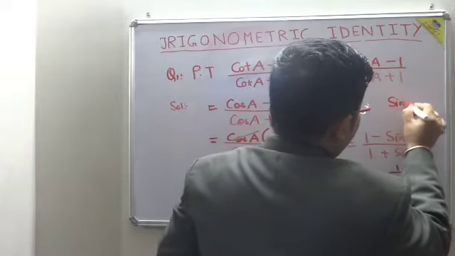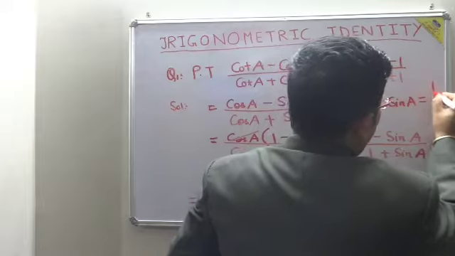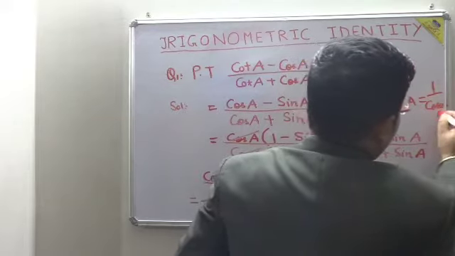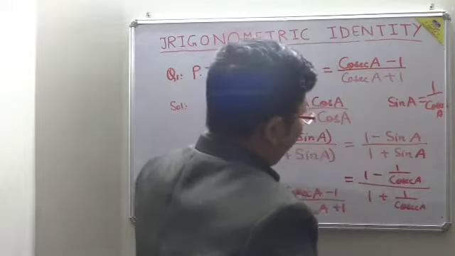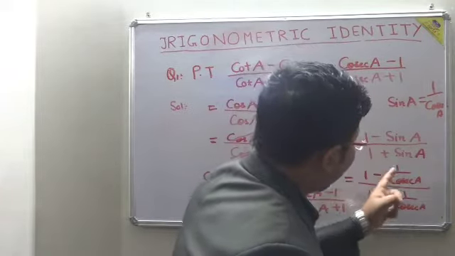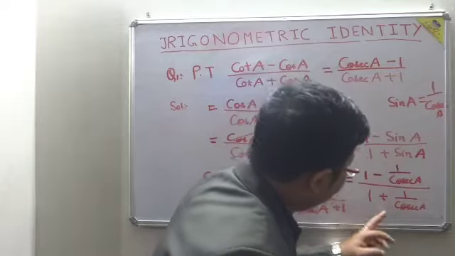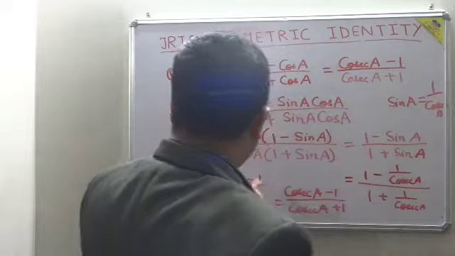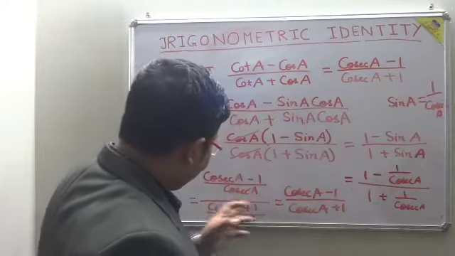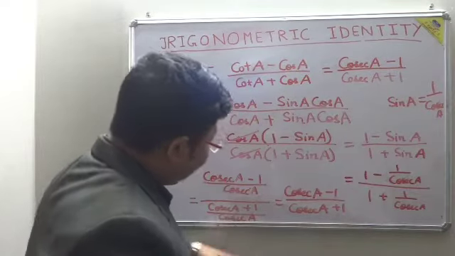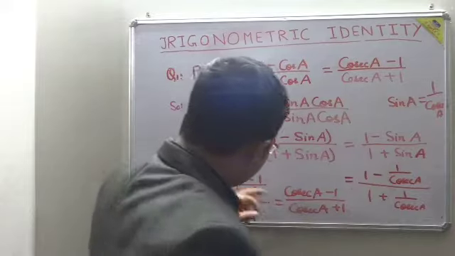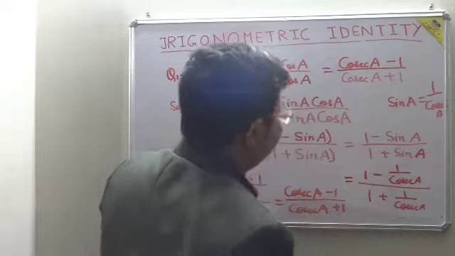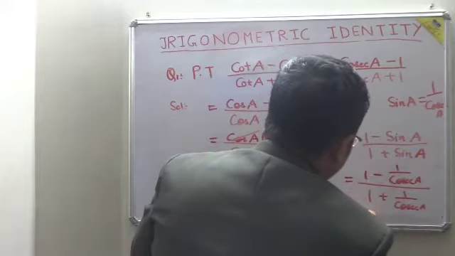See, sin A will be equal to 1 by cosec A. So instead of sin A, we can write 1 by cosec A, and in the denominator also we can write 1 plus 1 by cosec A. So we will get cosec A minus 1 divided by cosec A, divided by cosec A plus 1 divided by cosec A. So ultimately cosec A will get cancelled out, and we will get cosec A minus 1 divided by cosec A plus 1. So it will be equal to RHS.